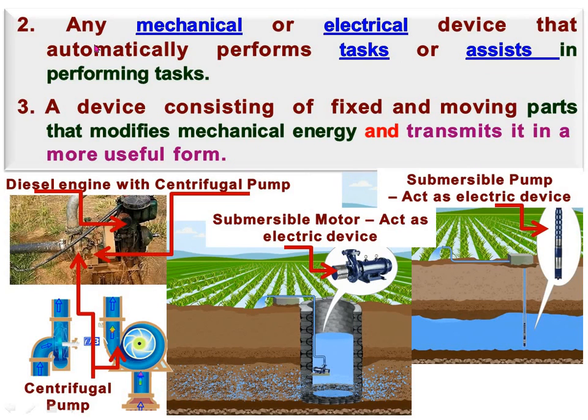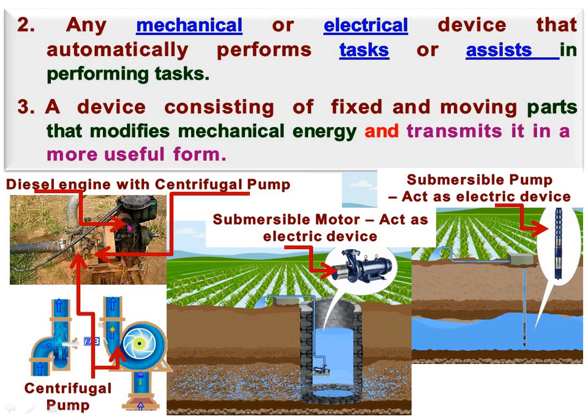Now, second definition: any machine or electric device that automatically performs a task or assists in performing the task. Means either it may be a mechanical device, or we can say it is an electrical device that automatically performs the task or assists to perform the task. See here, this is our IC engine, diesel engine with centrifugal pump. This is diesel engine and this is centrifugal pump.